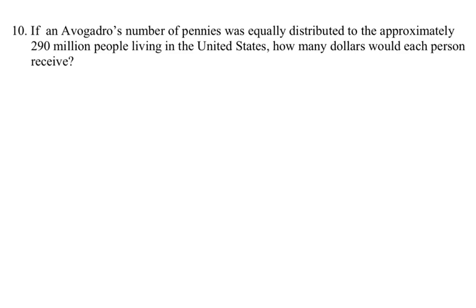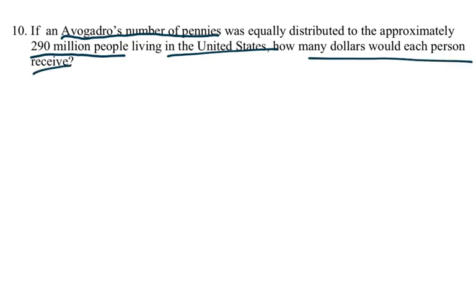But here we go. We have Avogadro's number of pennies. We spread that out. We give that to everybody in the U.S., so 290 million people who live in the U.S. And we ask the question, how many dollars would each person receive? Okay, we're going to give them pennies.